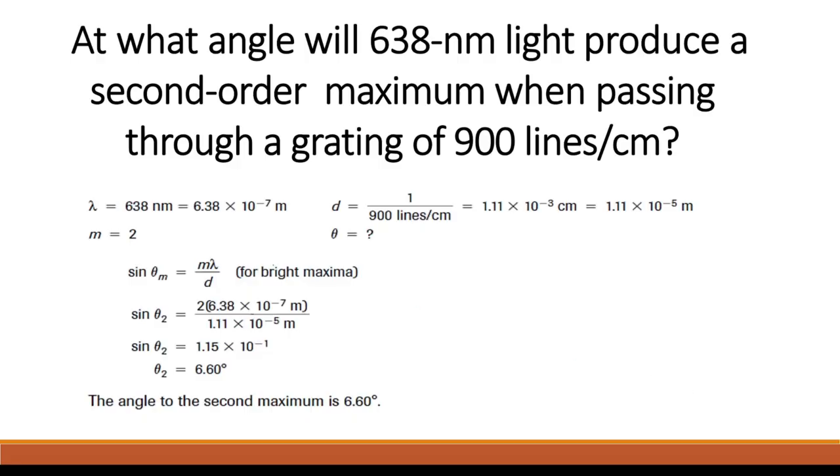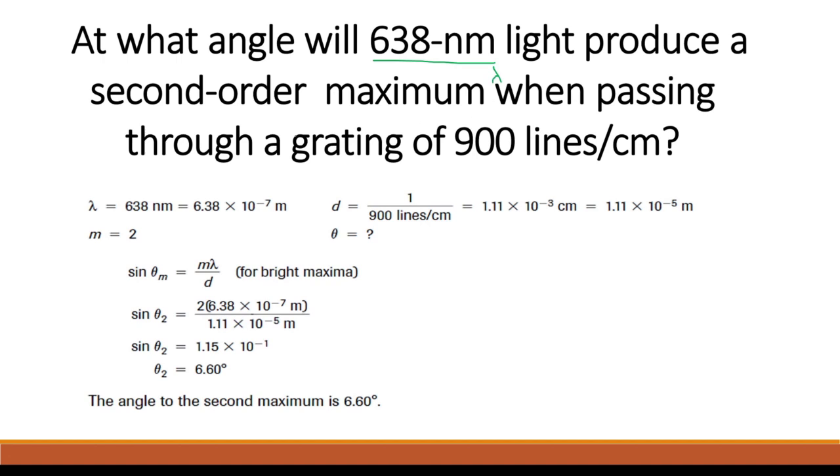So let's look at a problem. At what angle will 638 nanometer light produce a second order maximum when passing through a grating of 900 lines per centimeter? So we have a lambda.